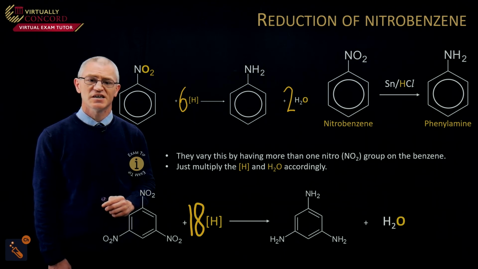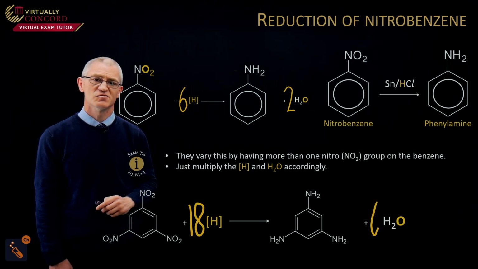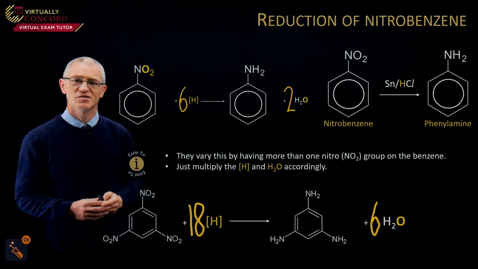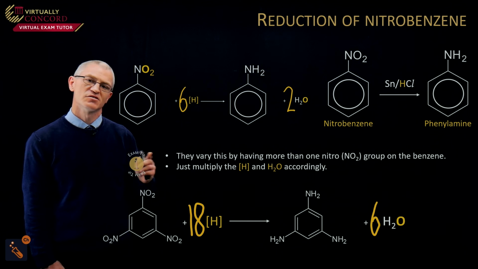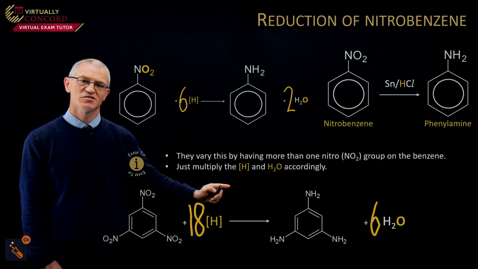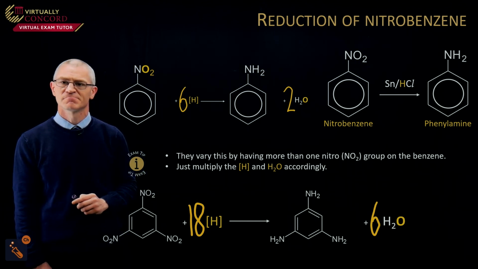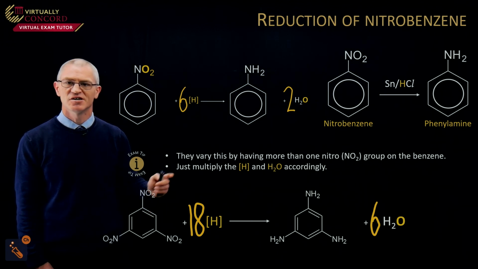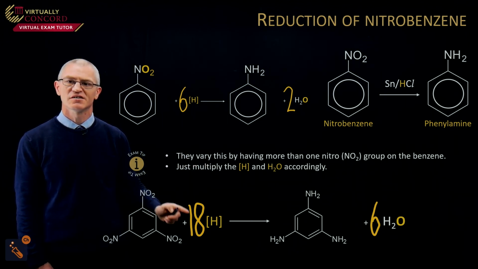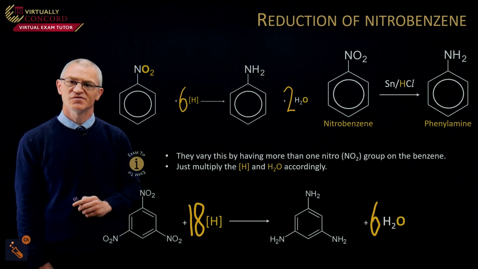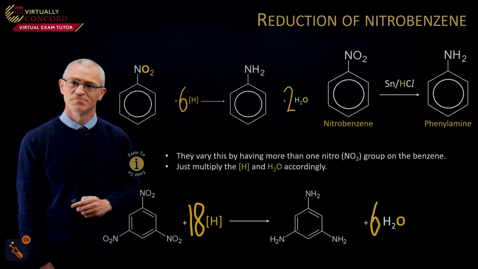And as I said, there are 6 waters. So it's really important that when you look at this, count the number of oxygens, make as many waters as that, and in this case 6. Then count all the hydrogens that you've added on the NH2s and with the water, and that will be your number of hydrogens you add on the left-hand side as well. And this is the only way they can complicate this question.